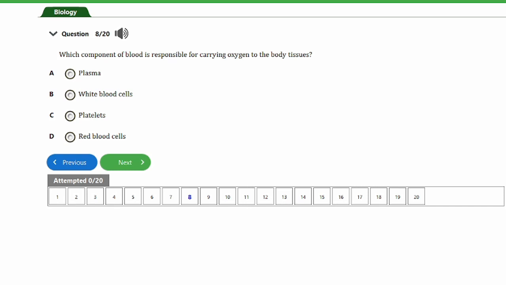Question number 8. It says, which component of blood is responsible for carrying oxygen to the body tissues? A, plasma. B, white blood cells. C, platelets. D, red blood cells.